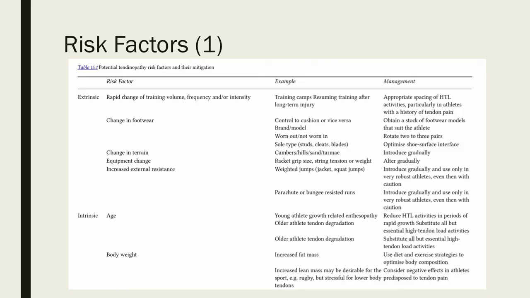Okay, so with risk factors, we have both extrinsic and intrinsic risk factors that can be attributed to tendinopathy. So we have our extrinsic factors here, our intrinsic factors here, and some examples of extrinsic could be the rapid change in training volume, the frequency, and even the intensity of training.